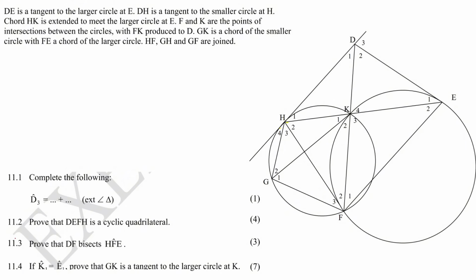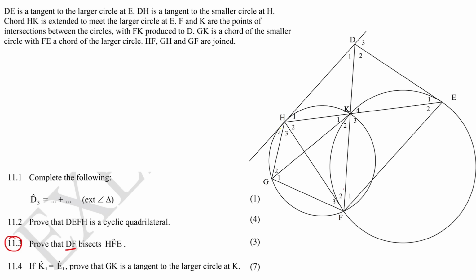Okay, this 11.3, prove that DF, where are you, DF? DF is here, okay, bisects angle HFE. Okay, so we have to prove that these two angles are the same as each other.